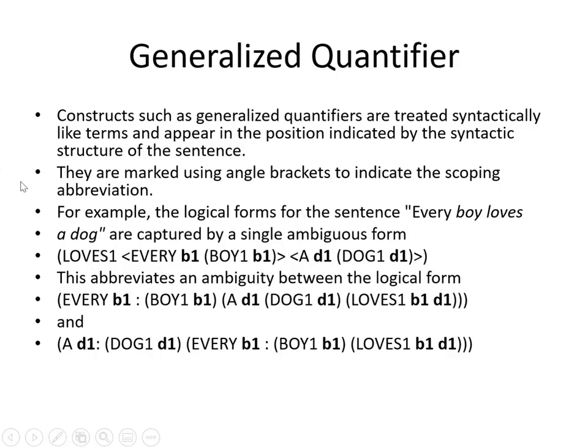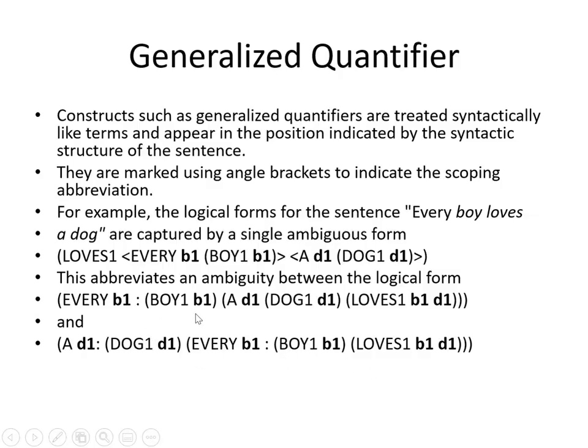This abbreviates an ambiguity between logical forms like this: every B1, boy B1, a D1, dog D1, loves B1 D1. Or it can be represented like this also: a dog, every boy loves.